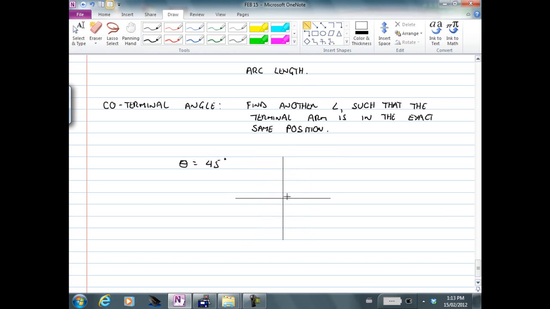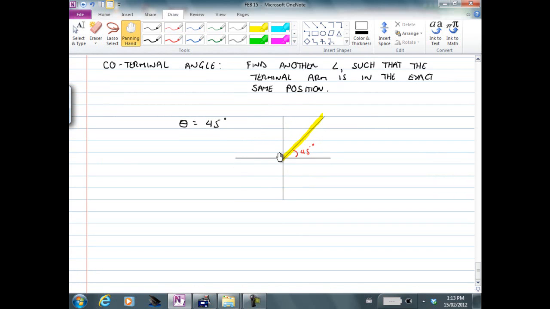Just a quick rough sketch, nothing more. This is 45 degrees. This is your terminal arm. What it's really asking you is, if I was to move my arm in any direction, find another angle such that it lands in the exact same position.